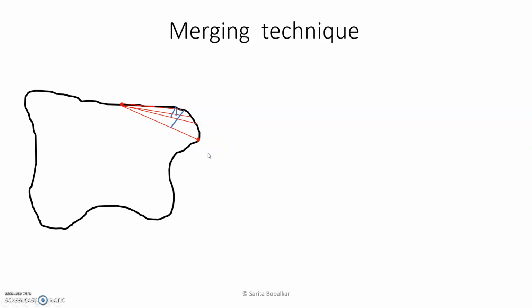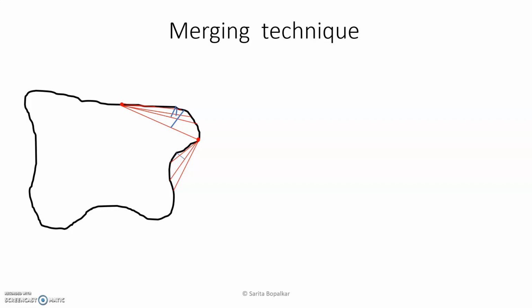So the next start point, suppose this one. Again we will draw the line segments to the boundary points, and we will find the maximum perpendicular distance. We will compare with the threshold. If it is greater, we will consider the next start point from that line segment. We will draw the line segment. We will merge the boundary points till the maximum perpendicular distance from that line segment is greater than the threshold.